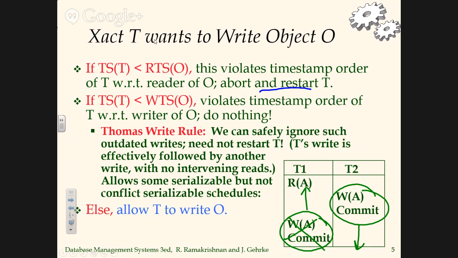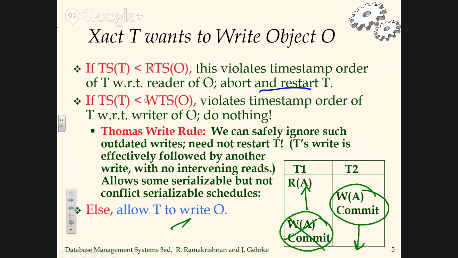Now, if your timestamp is greater than the read timestamp and the write timestamp, then that means that you have the last version and you're allowed to write it. And this is no problem. So that's the last case here. So the first one is obvious. Somebody read it already, you cannot write it. This one, somebody wrote it, but actually, because of this rule, nobody has read the value after you started.